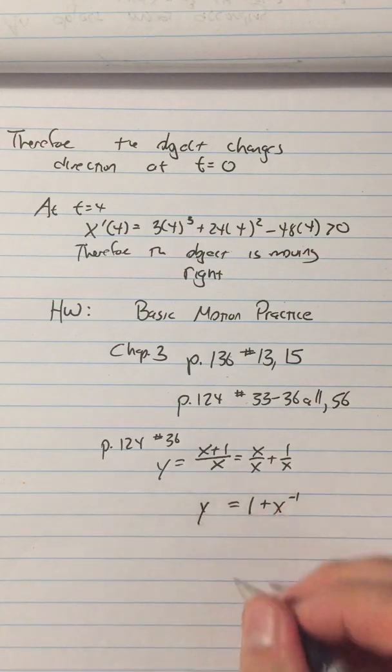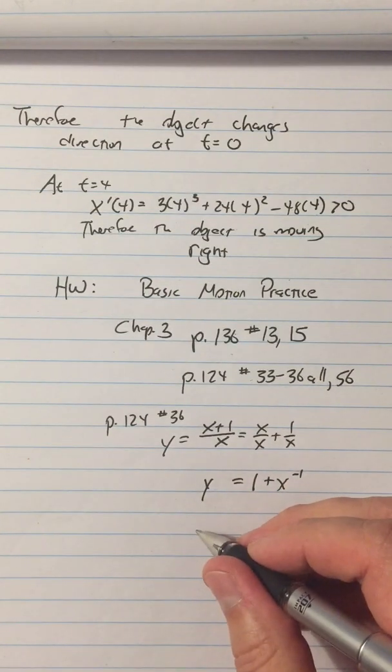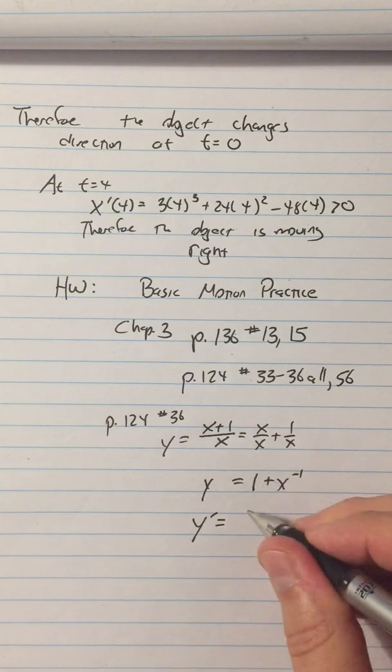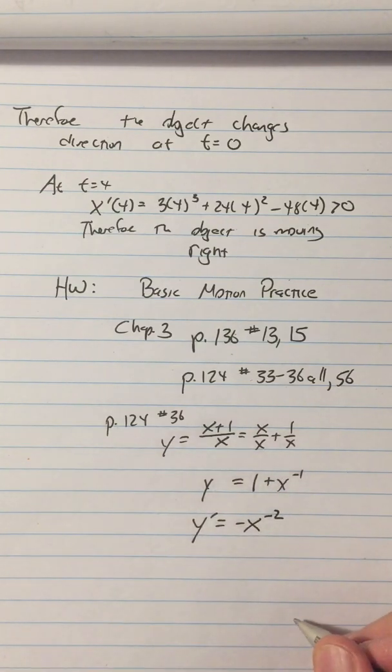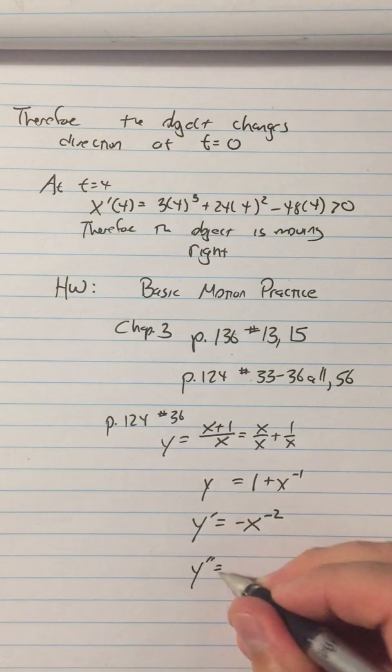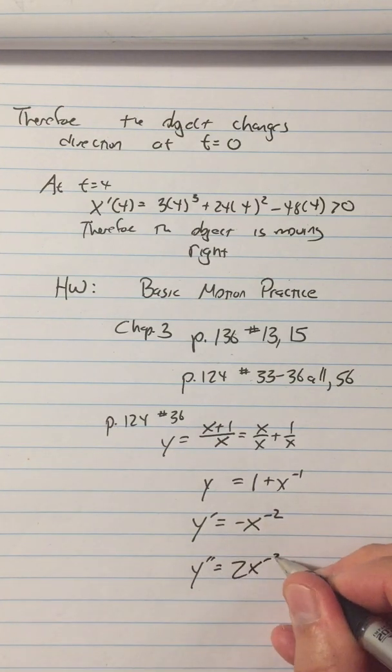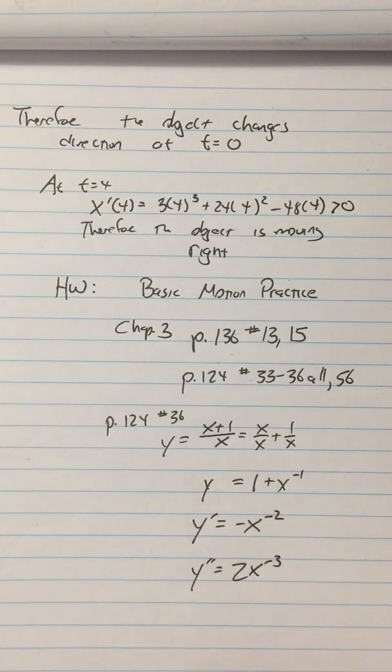That's what y is. Therefore, y prime equals, the 1 goes away, use your power rule, negative x to the negative 2. What's y double prime? 2x to the negative 3. You have to find the first 4 derivatives in this problem, so you've got to find the rest of them. There you go, that's your hint on starting the homework.